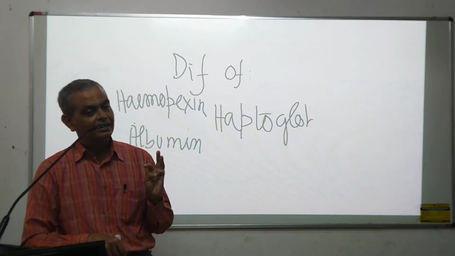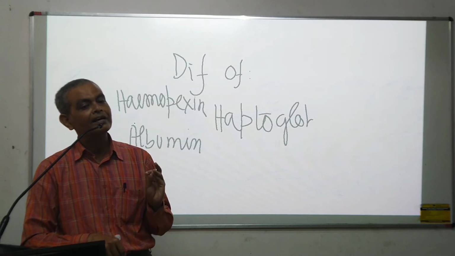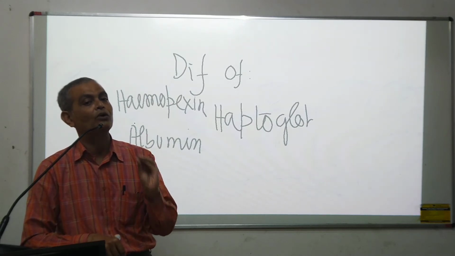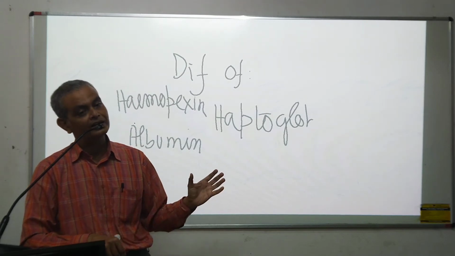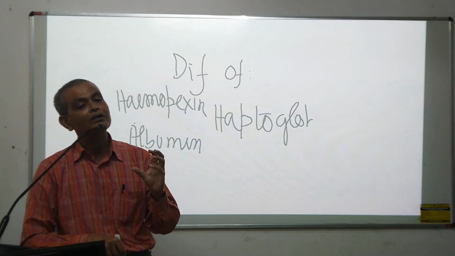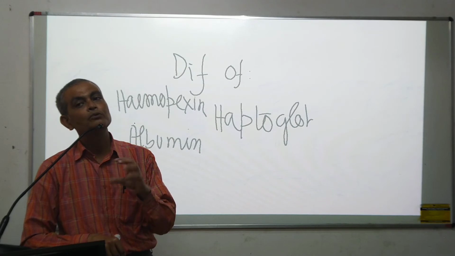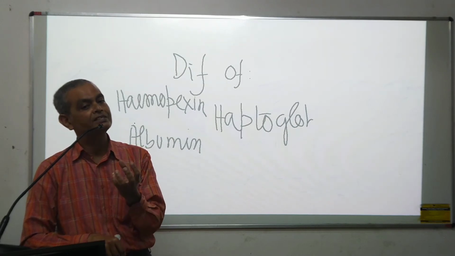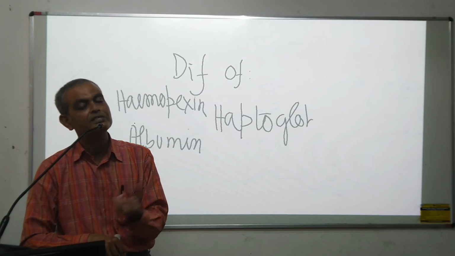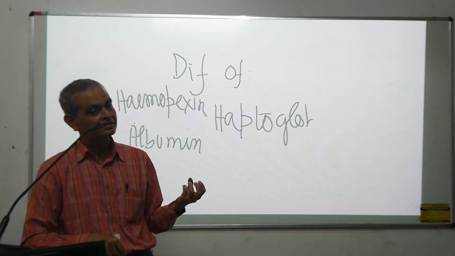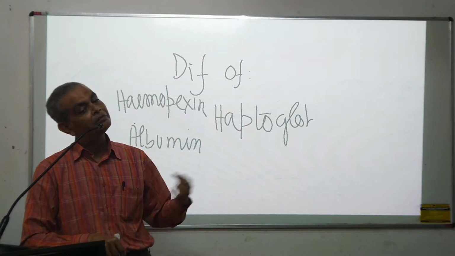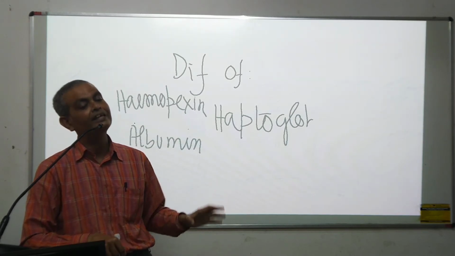And organomegaly may usually not be so prominent. There can also be an increase in organ size, because some amount of antibody will be produced that coats the RBC, and those antibody-coated RBCs can be taken up by reticuloendothelial cells from the circulation and destroyed in the spleen or in the liver.